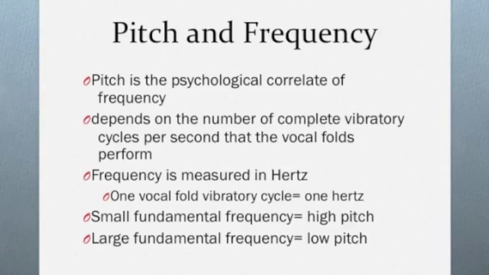So for example, if a person's vocal folds vibrated 100 times in 1 second, that person's fundamental frequency would be 100 hertz. The smaller the fundamental frequency, the lesser the amount of times the vocal folds vibrate within a second, and the lower the pitch. The higher the fundamental frequency, the greater the amount of times the vocal folds vibrate, and the higher the pitch.